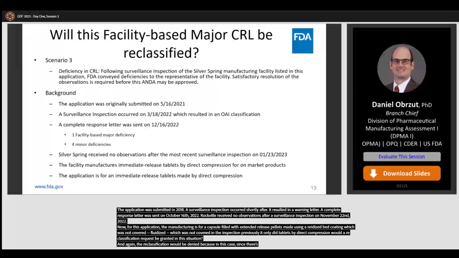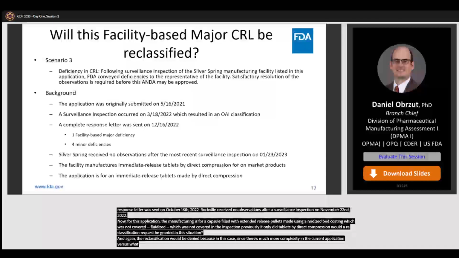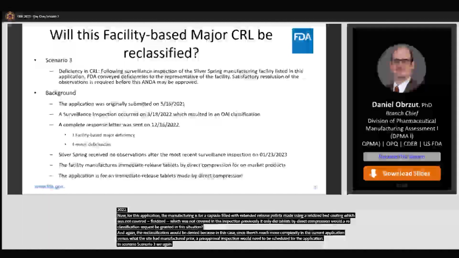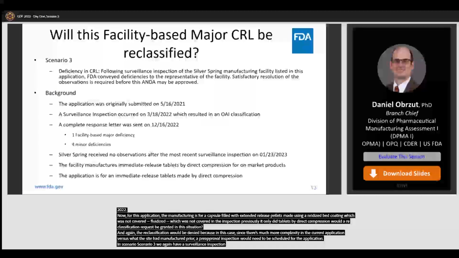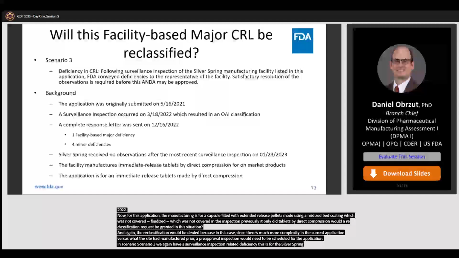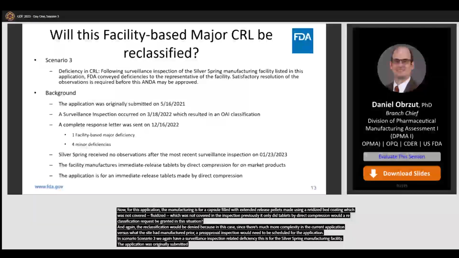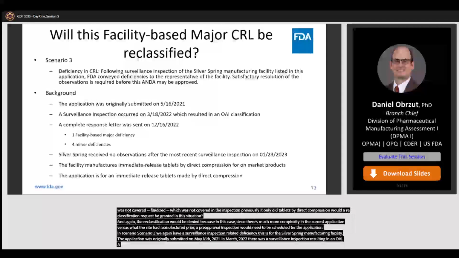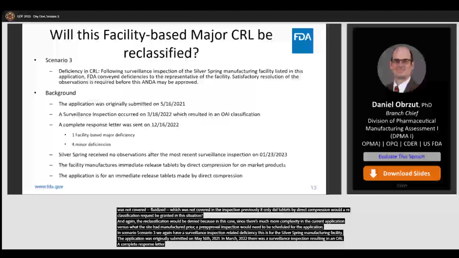In scenario 3, we again have a surveillance inspection related deficiency, and this is for the Silver Spring manufacturing facility. The application was originally submitted on May 16, 2021. In March 2022, there was a surveillance inspection resulting in an OAI. A complete response letter for the application was sent on December 16, 2022.